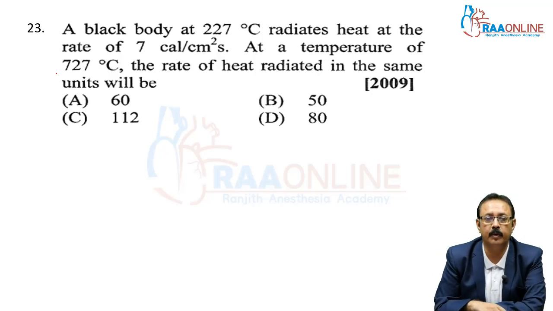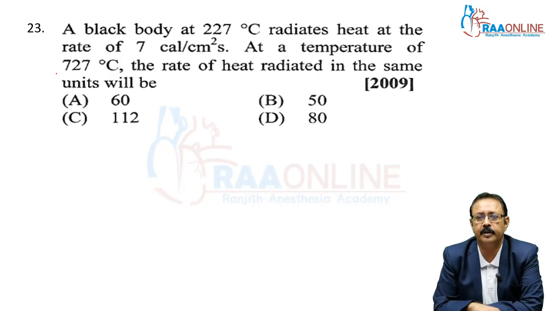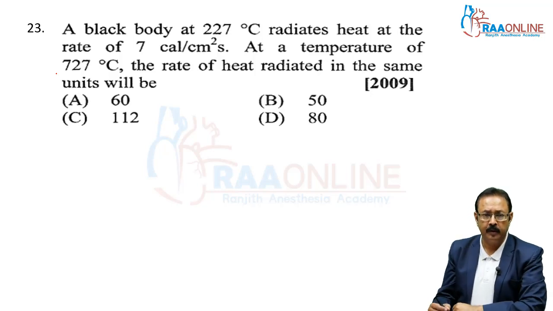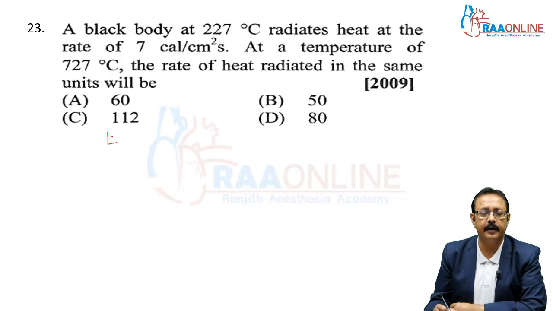We know the problem is related to Stefan's law because the temperature of the surroundings is not given. So what is Stefan's law? E is proportional to T raised to the power 4.